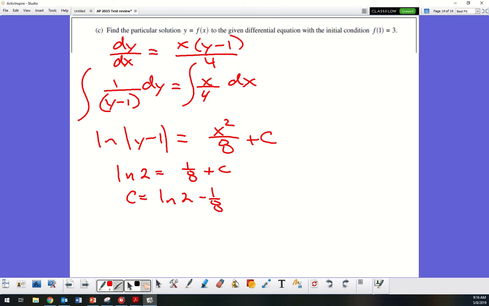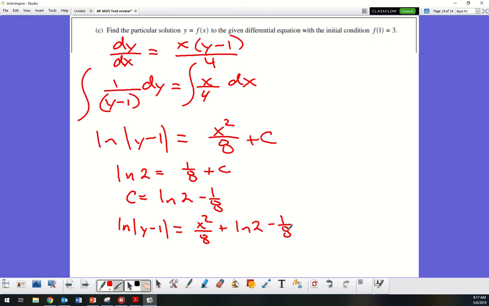So we have to go through and get it to y equals. So I'm going to have the function, which is going to be ln of y minus 1 equals x squared over 8, and that's going to be plus ln of 2 minus 1 over 8. But our last equation, which we have, is actually the same. It just multiplied by 4 everywhere.